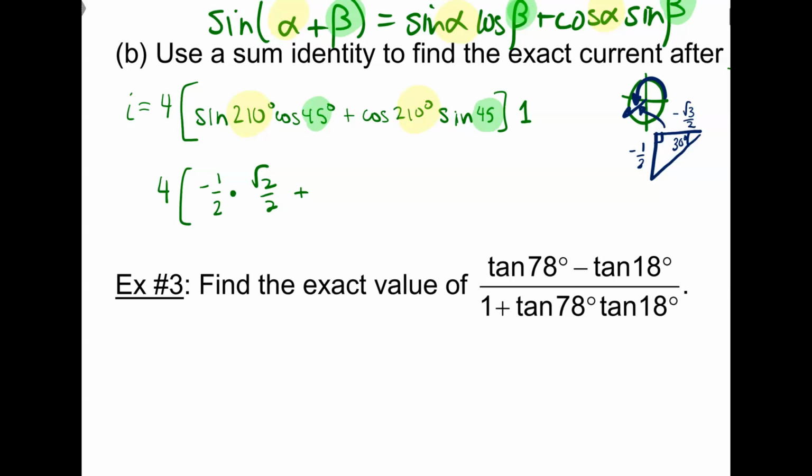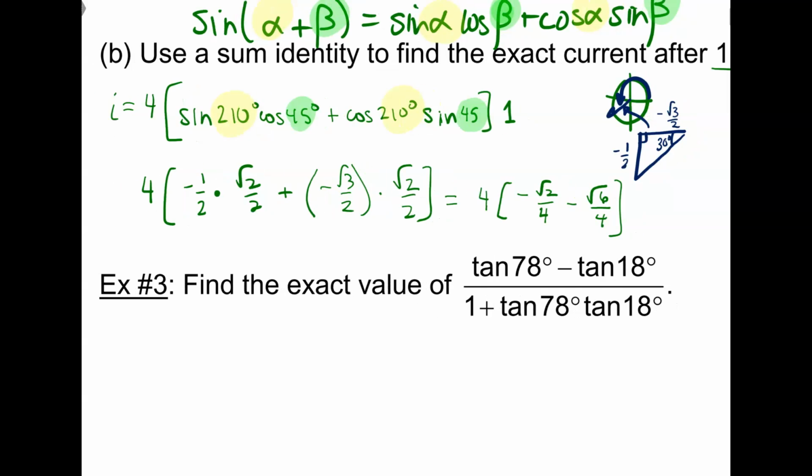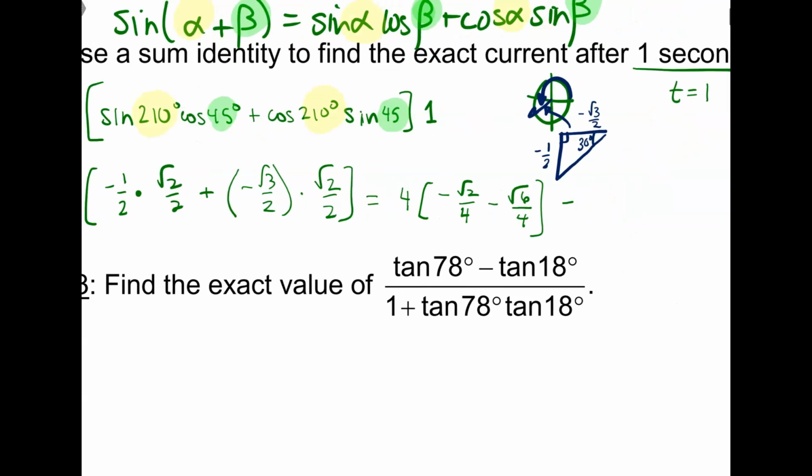And then plus cosine 210. Cosine of 210 degrees is going to be negative root 3 over 2 times sine of 45, which is just root 2 over 2. So that's equal to 4 times negative root 2 over 4 minus root 6 over 4, distributed out.